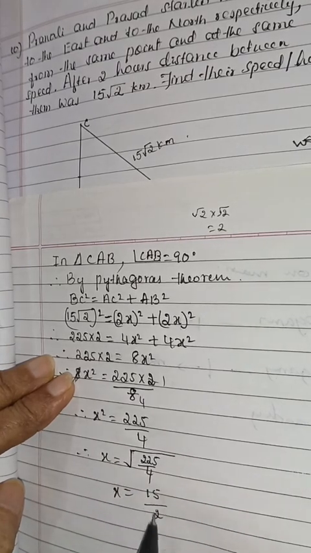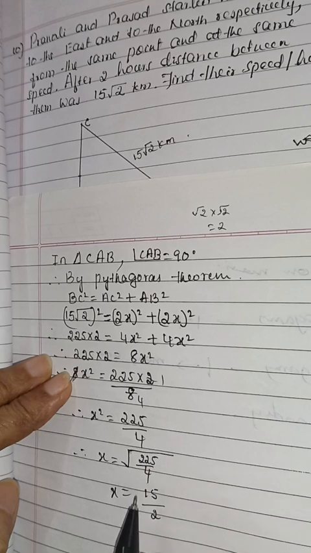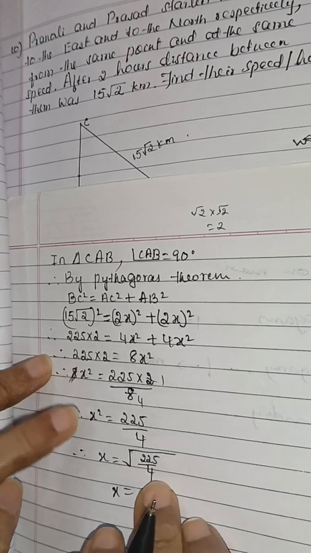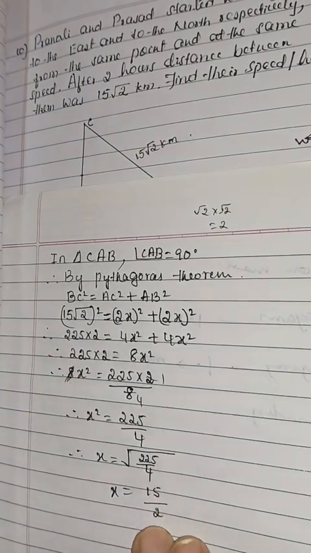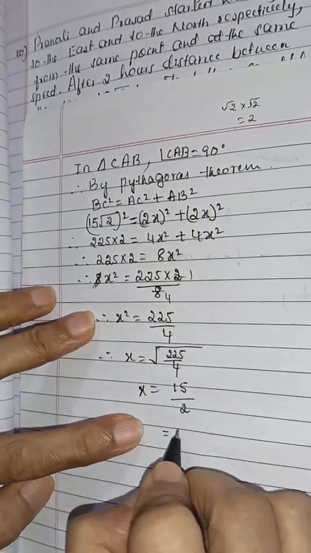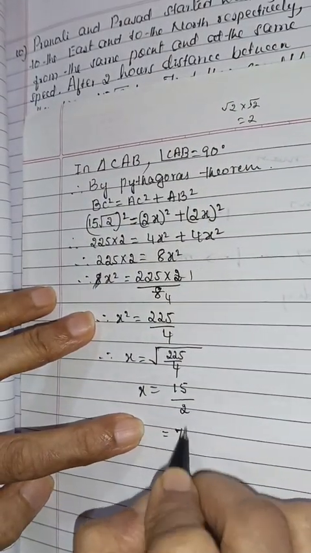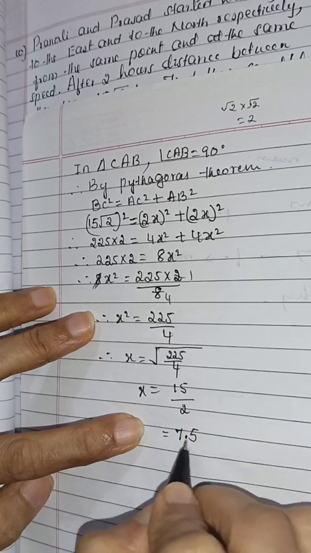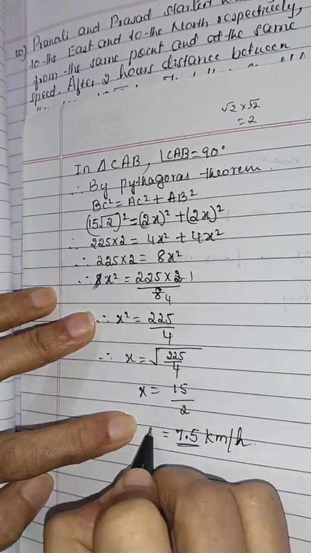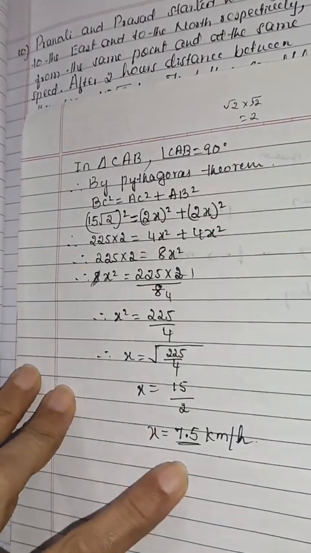Therefore x is 15 by 2. Now x is the speed. 15 by 2 is 7.5 kilometer per hour.